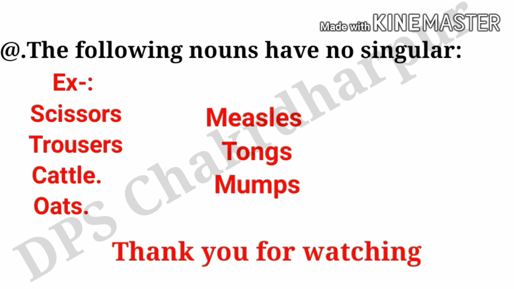So the first one is scissors, second is trousers, third is cattle, fourth is oats, fifth is measles, sixth is tongs, and the last one is mumps. So these words are themselves singular and plural. So these words can't be changed into singular or plural.